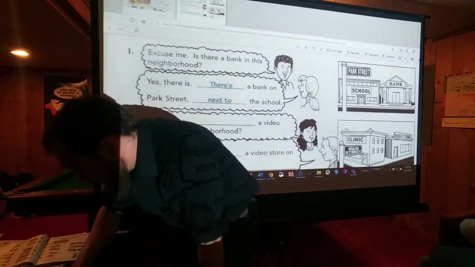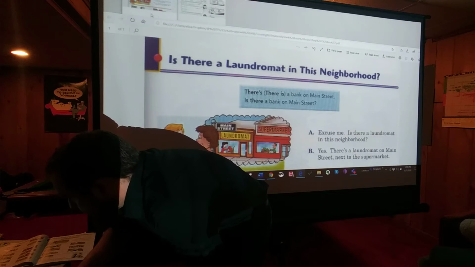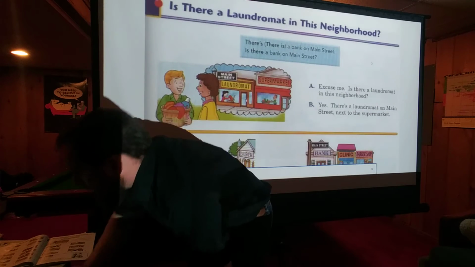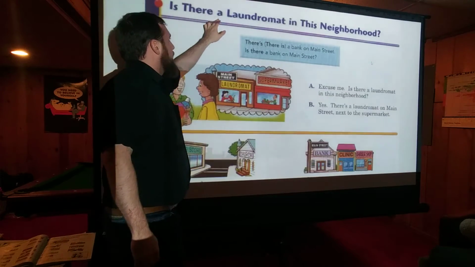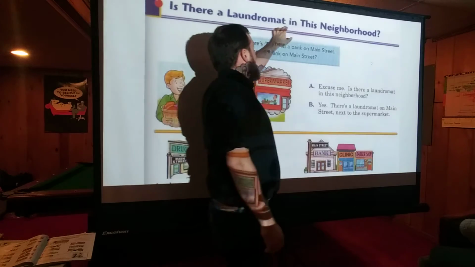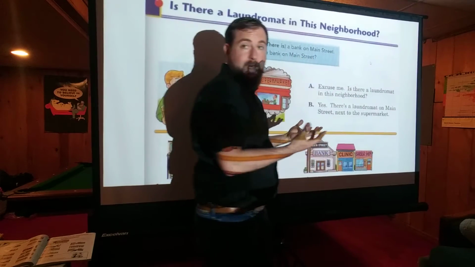Okay. Now, let's see what's going on here. At the top it says, is there a laundromat in this neighborhood? And it's a question.